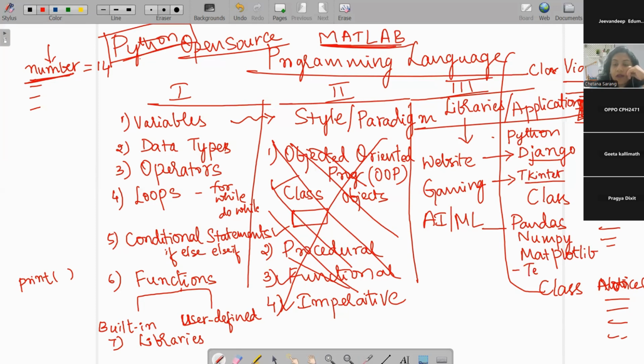And TensorFlow, these are not there. This is high level. TensorFlow, scikit-learn. These are all for AI and machine learning in Python. And for software testing also, there are different libraries.